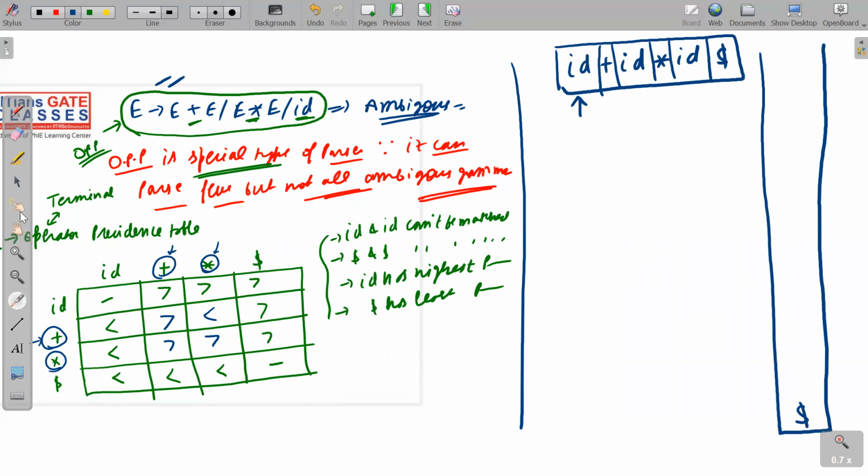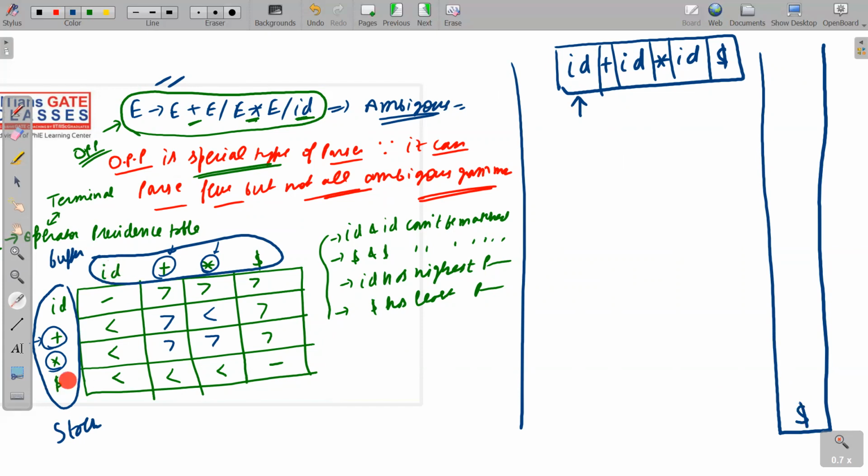Imagine this is your stack, and this is your buffer part. In the buffer we have read this id, and in the stack we have read the dollar.